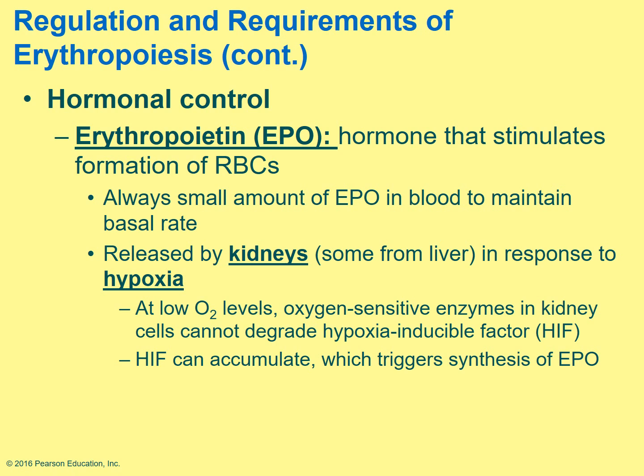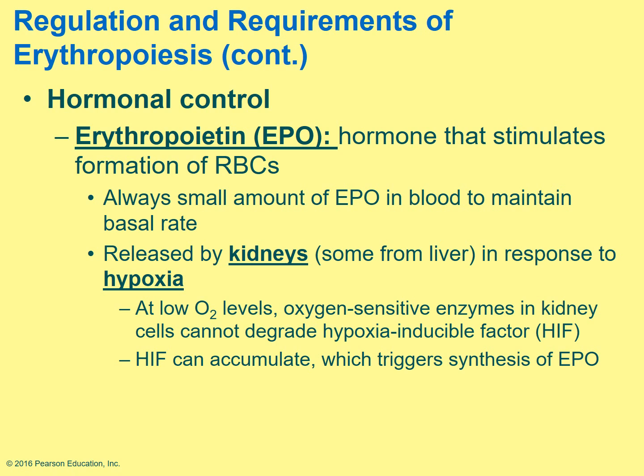The hormonal control, erythropoietin or EPO, is the hormone that helps stimulate the formation of red blood cells. You always have some of that hormone in the blood, so you always have a residual process or base rate where you're always making some red blood cells. The question is, do you increase that greatly or not? This hormone is made, as you know, in the kidneys.